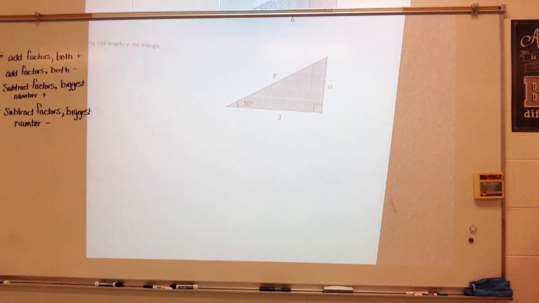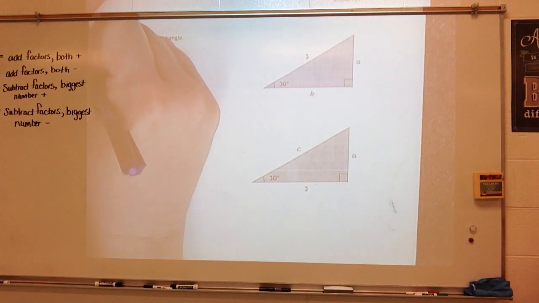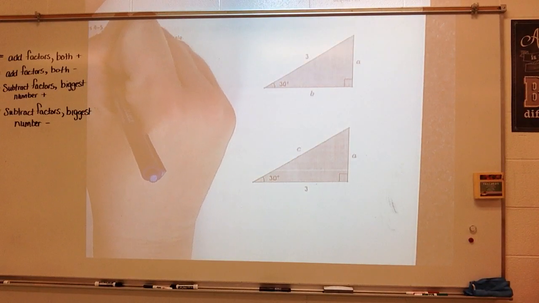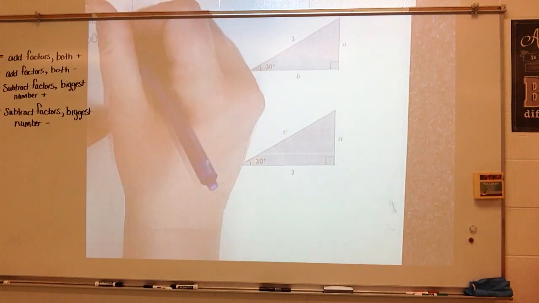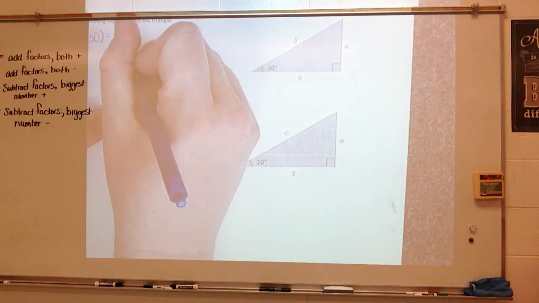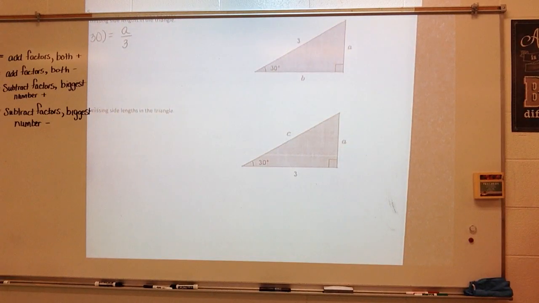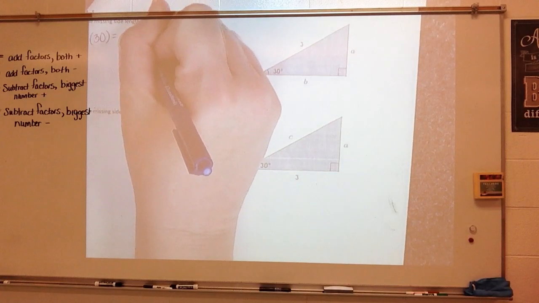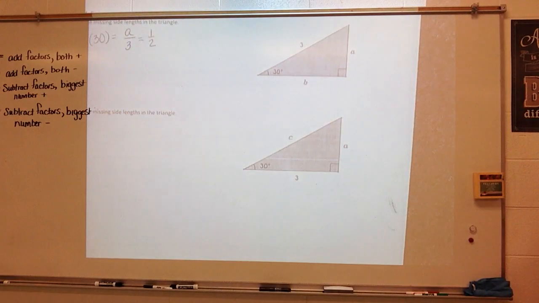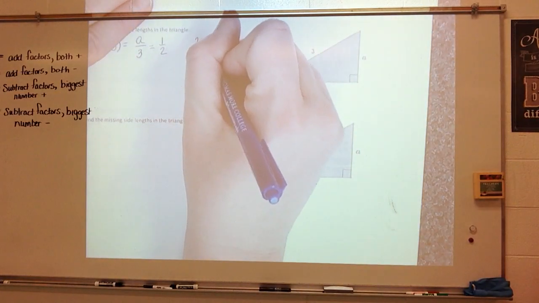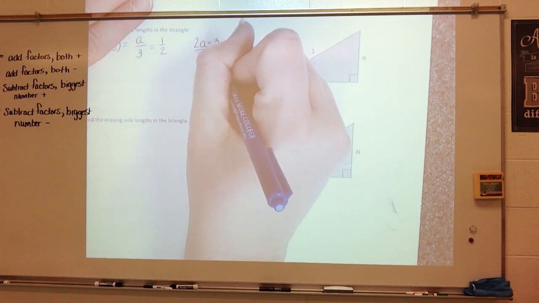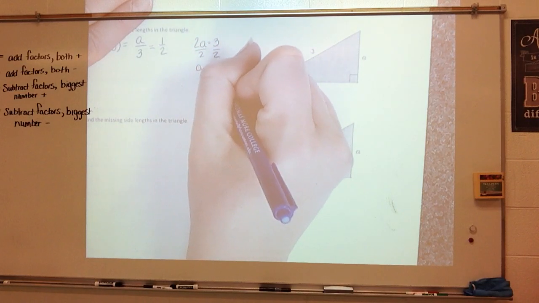So here, the sine of my 30 is my opposite, A, over my hypotenuse, which is 3. I can say that is equal to 1/2, and now I have a ratio. So I get 2A is equal to 3. Divide by 2, so A would be 3/2.